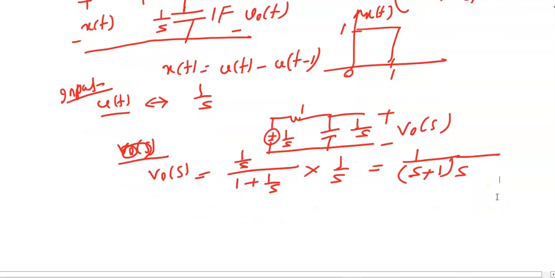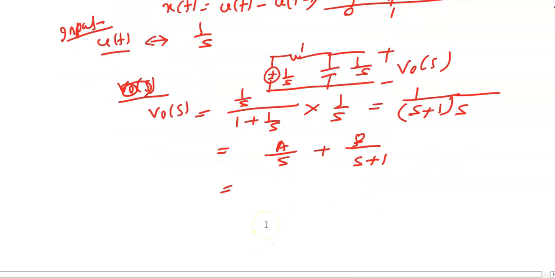So make a partial fraction: A upon s plus B upon s plus 1. By using Heaviside's expansion, you can find A and B. It is an easy one.